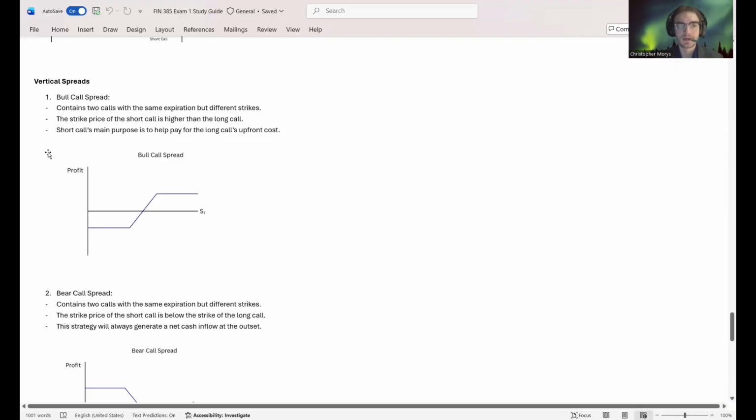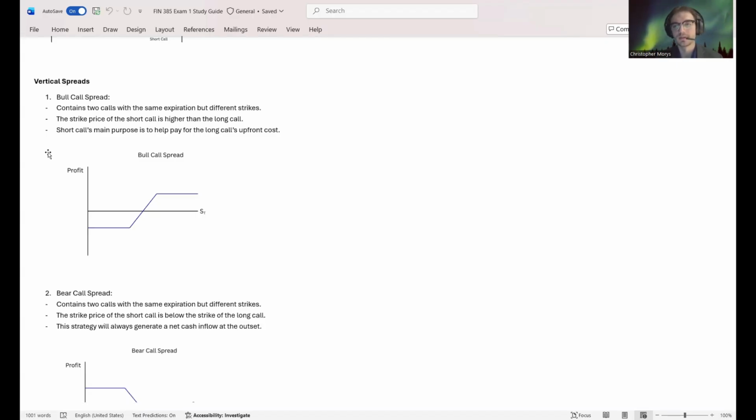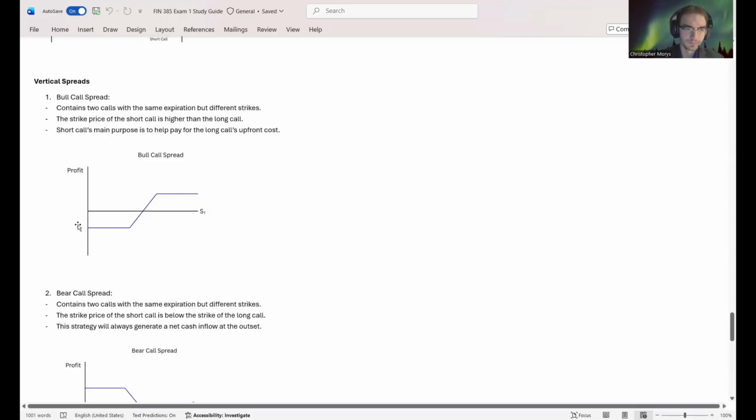By trading the short call, its main purpose is to help pay for the long call's upfront cost, because as we remember, the long call buyer always has to pay a premium to the seller, and you just want to use a short call to subsidize the cost of the long call right here.